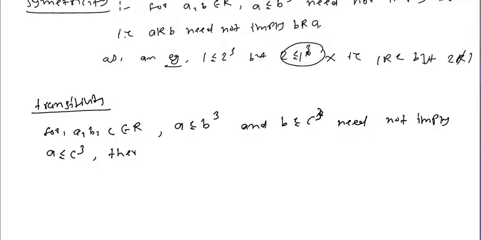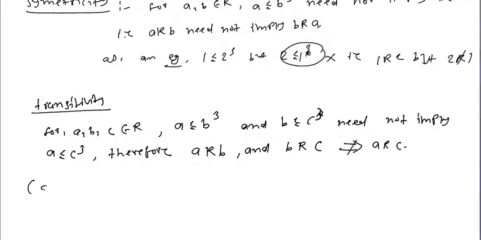Therefore, a related to b and b related to c does not imply a related to c.